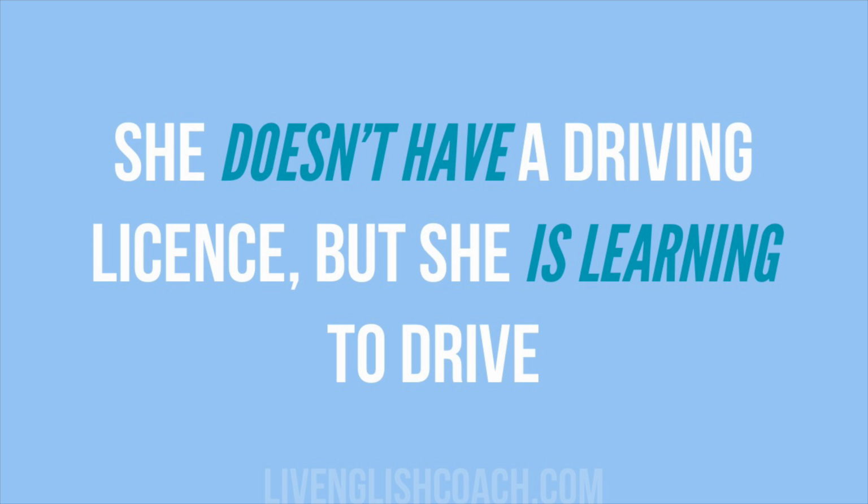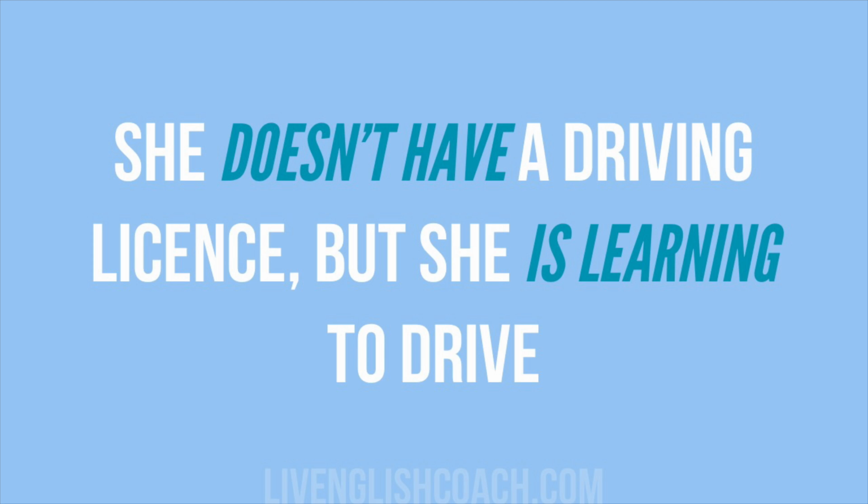She doesn't have a driving license, but she's learning to drive. She doesn't have. We can't say she isn't having because, again, the verb to have in the meaning of to own something, to have something, we can't use it in continuous. That's why the only possible form here is simple.